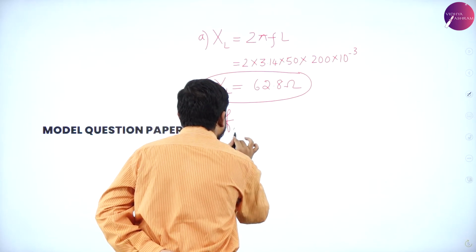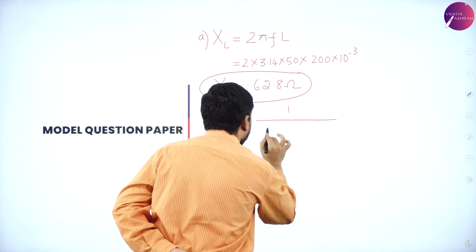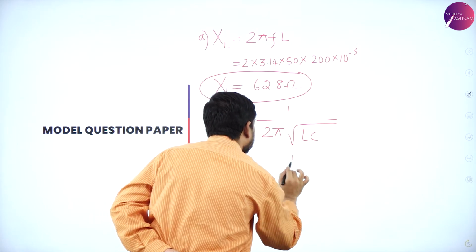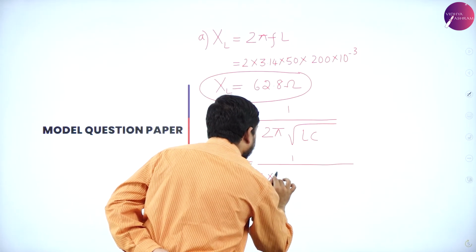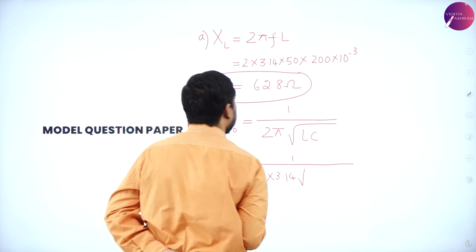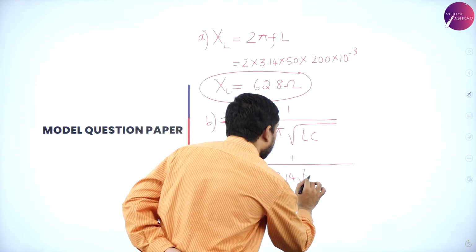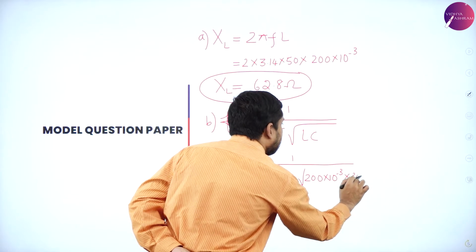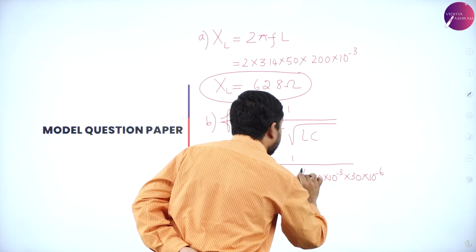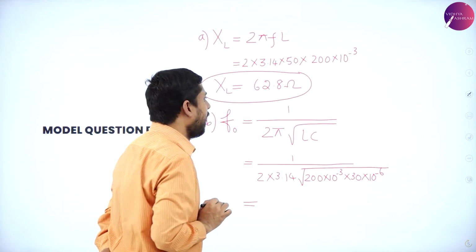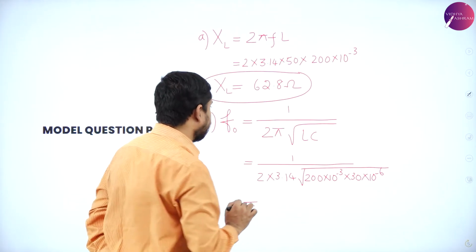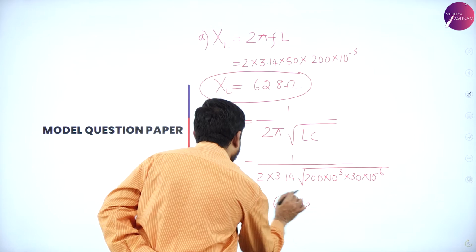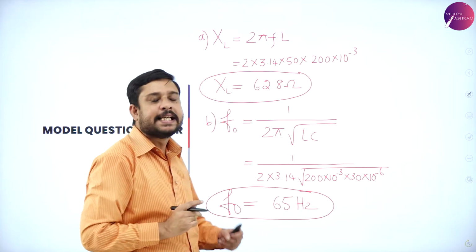Very clearly we know the expression for F0, which is 1 by 2 pi root LC, so 1 by 2 into 3.14, inductance value 200 into 10 power minus 3, 30 into 10 power minus 6. And on calculation, this is 65 hertz. So resonant frequency turns out to be 65 hertz.